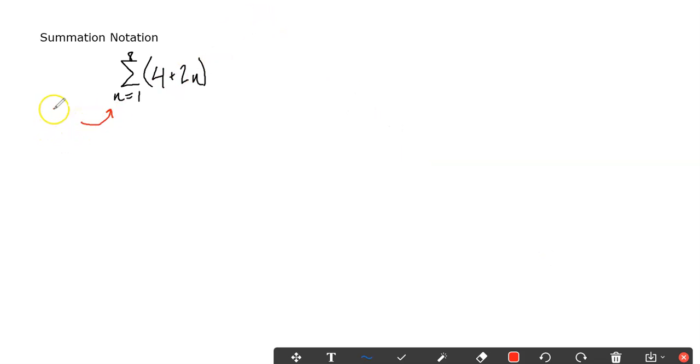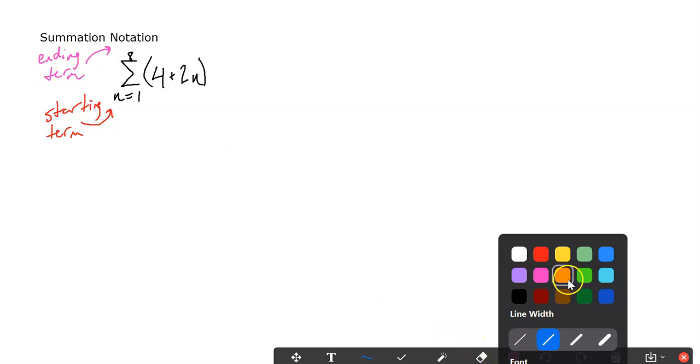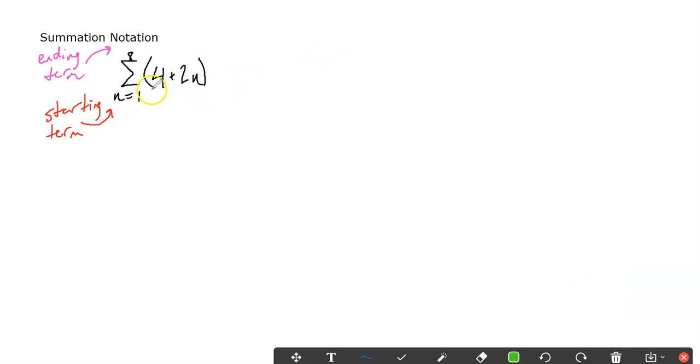So this n is your starting term. And then we have this 8 up here, which is your ending term, the last term. And then over here in the big center, this piece is what you are adding, how you get your terms.